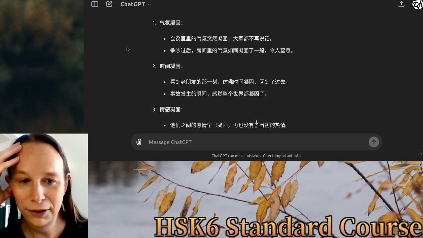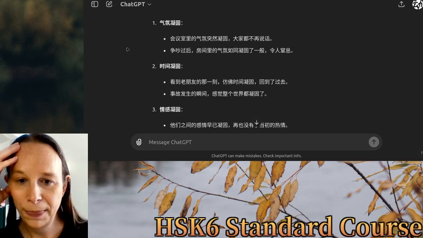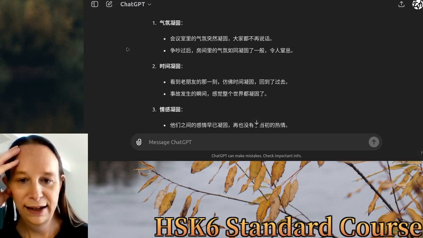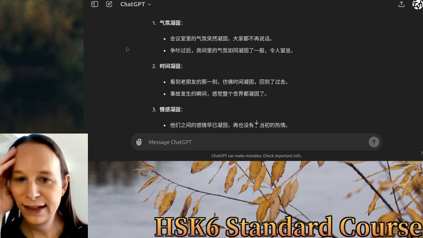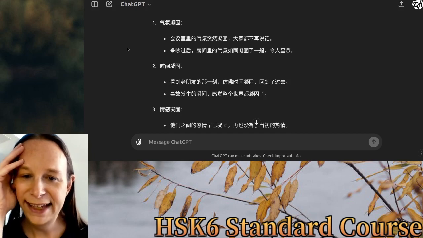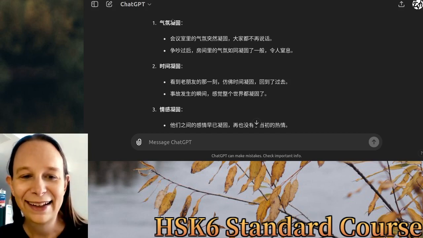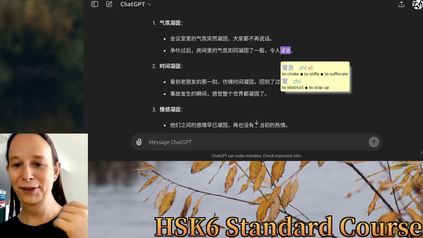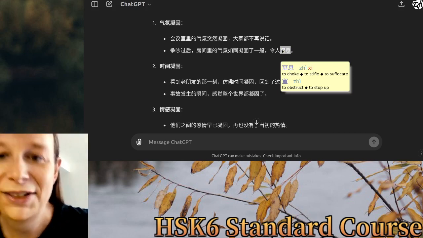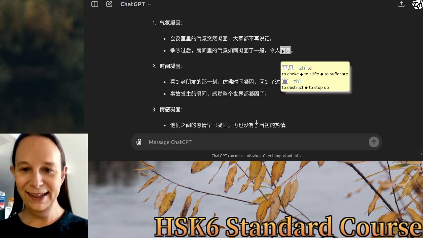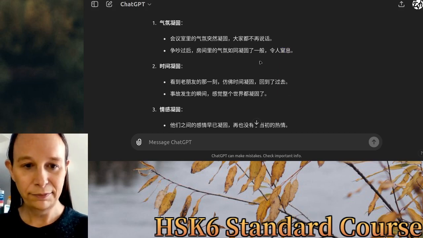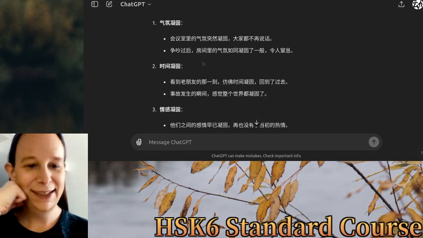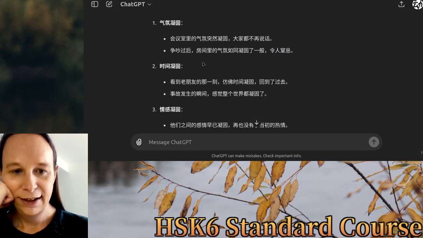争吵过后，房间里的气氛如同凝固了一般. 令人窒息 means to asphyxiate. So presumably meaning to choke, to stifle, suffocate. 窒息, presumably this is used metaphorically, or maybe not as strongly as asphyxiate.